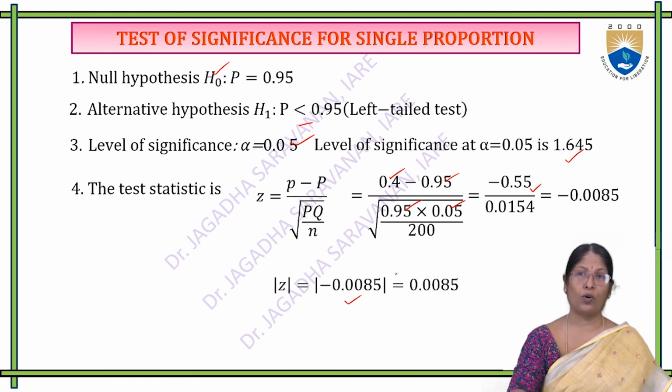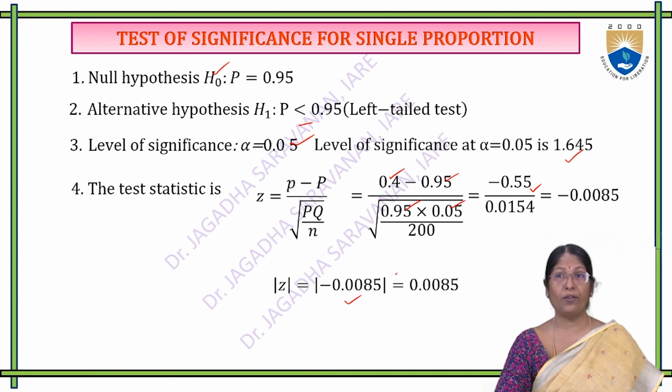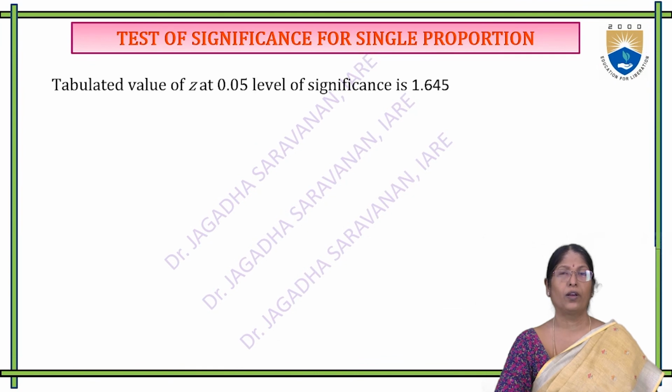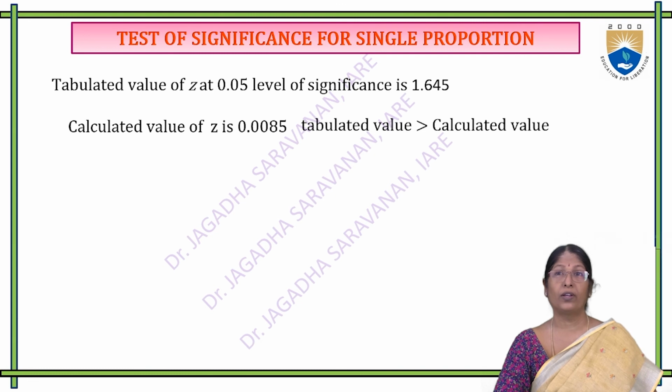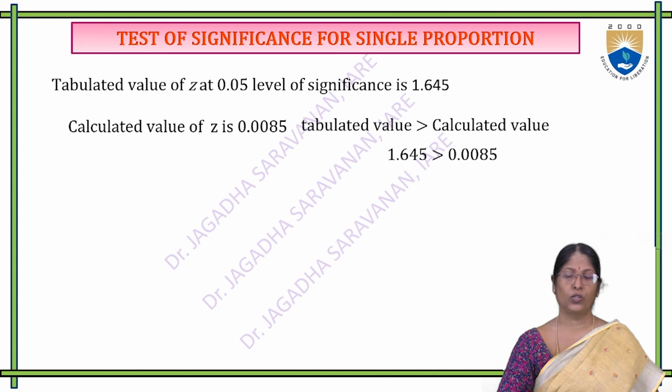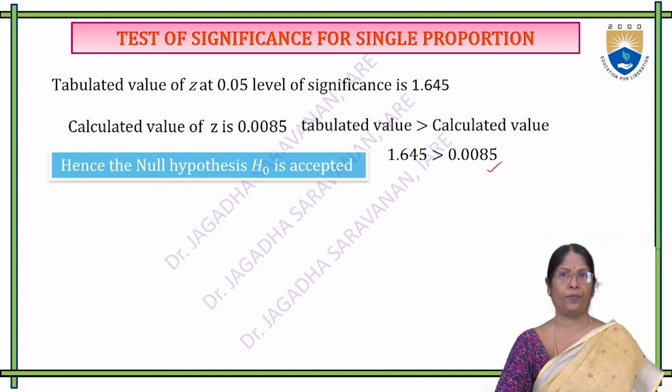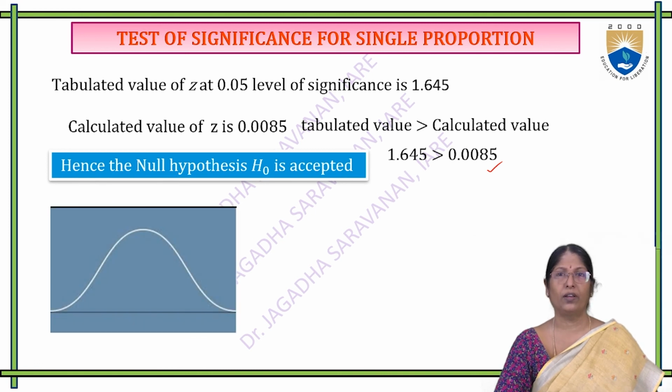So the modulus of minus 0.0085 is 0.0085. The tabulated value of Z at the 0.05 level of significance is 1.645. The calculated value of Z is 0.0085. The tabulated value is greater than the calculated value, so 1.645 is greater than 0.0085. The null hypothesis is accepted.